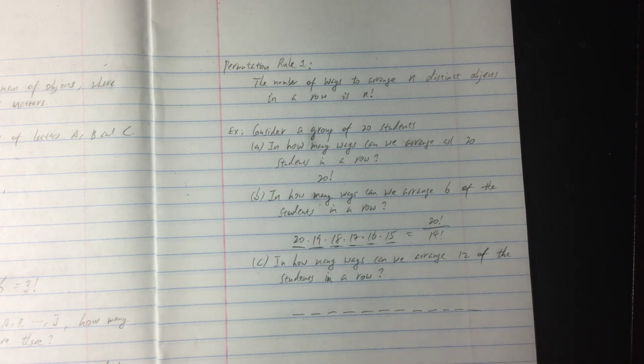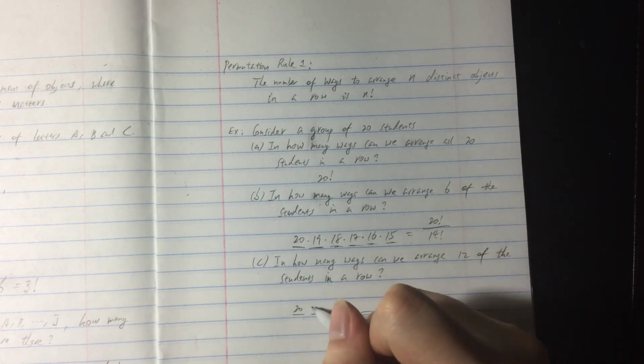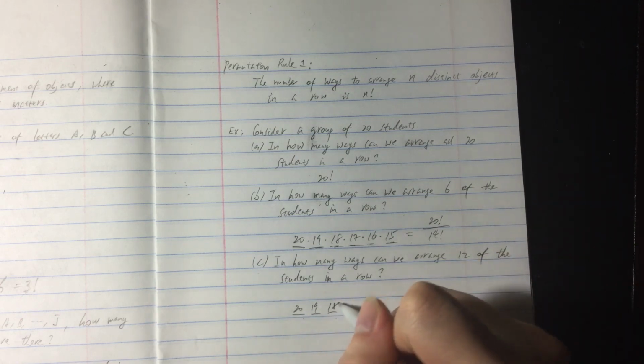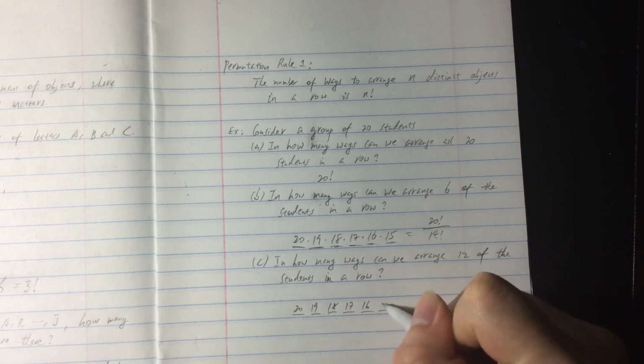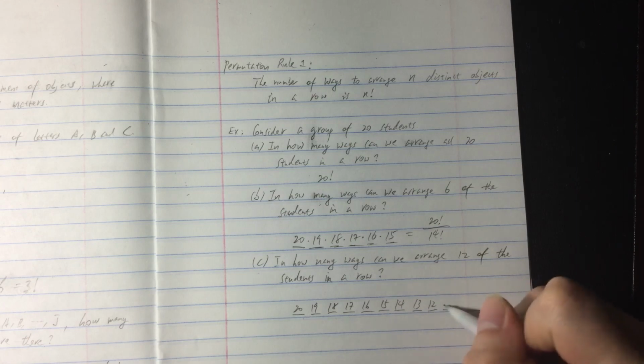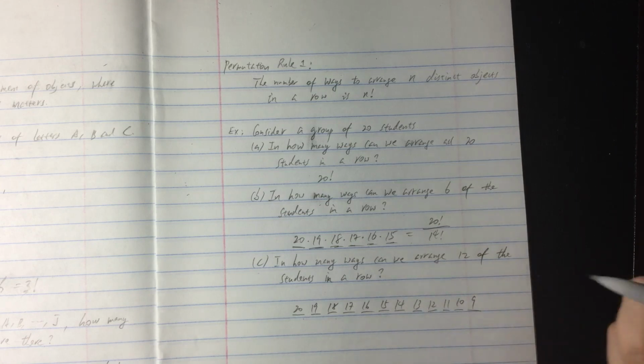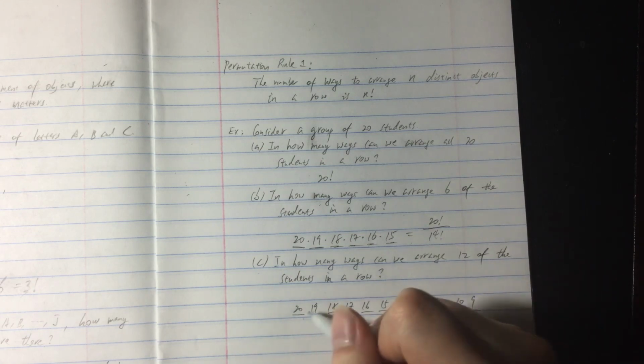We try to arrange 12 students in a row. So for the first student, there are 20 choices. Next one, 19 choices. Next one, 18, 17, 16, 15, 14, 13, 12, 11, 10, 9. Then, by the counting principle, multiply them out.